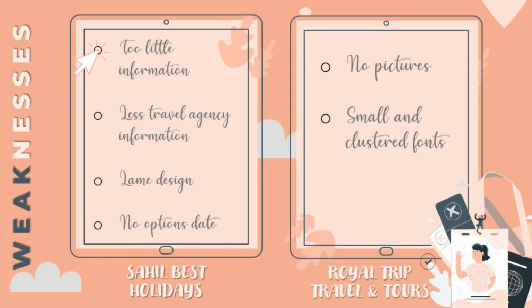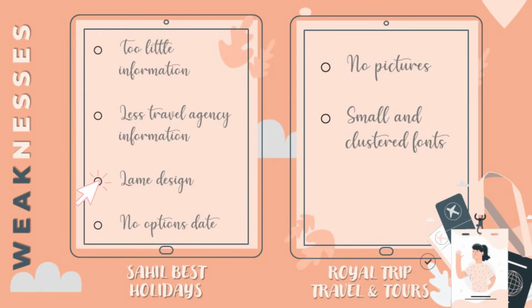It does not provide an itinerary, so it will be quite hard for the travelers to plan anything beforehand. Other than that, Sahil Best Holidays also did not provide any information about the travel agency, such as address and operation hours, which can leave the travelers clueless about where and when to reach them.